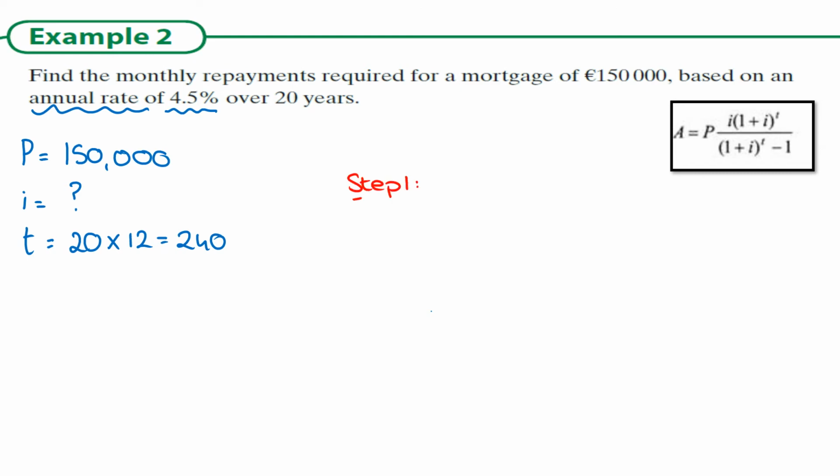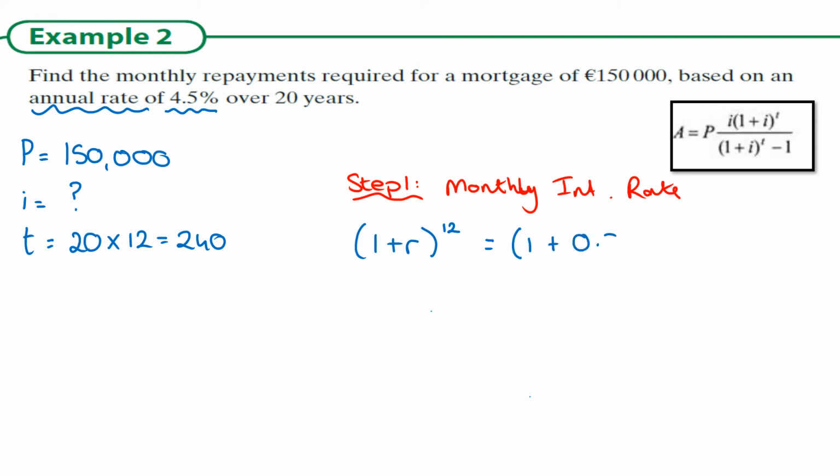So step 1, we need to find the monthly interest rate. How we do that is we say, look, if I invest something at a monthly interest rate for 12 months, it should be the same as investing something at 4.5%, which is 0.045, for 1 year.